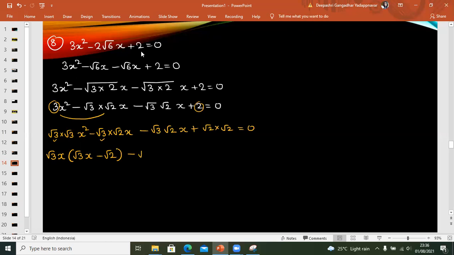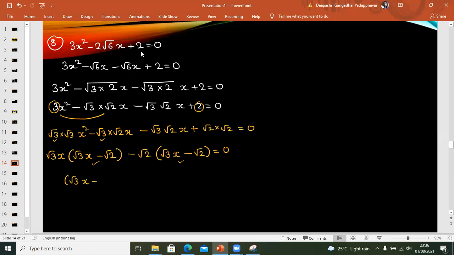Root 2 is common, so root 2 is out. Inside the bracket root 3, this x, negative sign, negative times negative gives you positive here. So negative sign, and one root 2 is already out, so inside one root 2 is remaining. So this bracket is same, so we are right. Our calculation is correct.